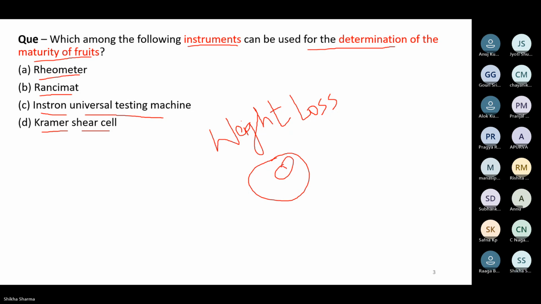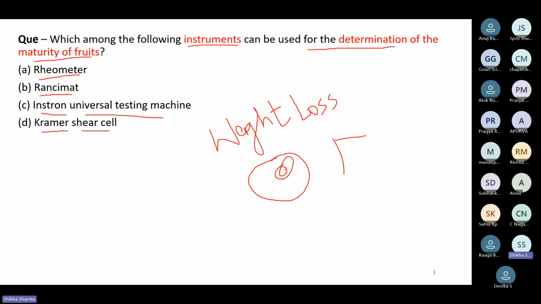There is water inside this plant cell. Especially in the climacteric fruits, after we harvest them, during storage or in the post-harvest time, they continue to respire and transpire.